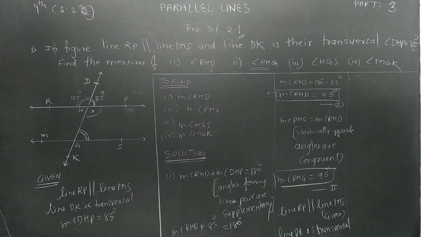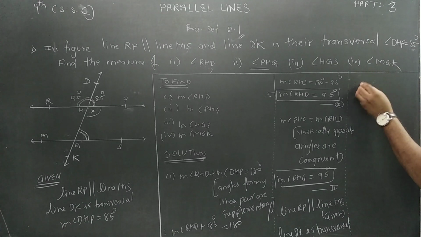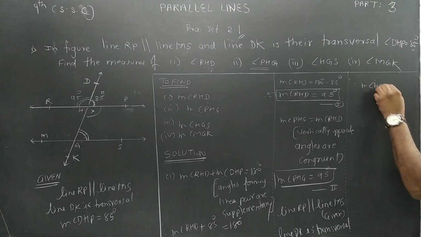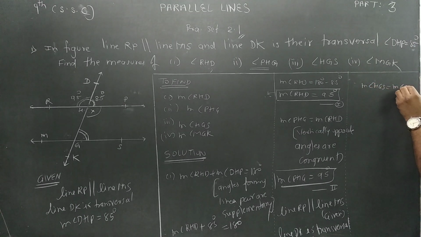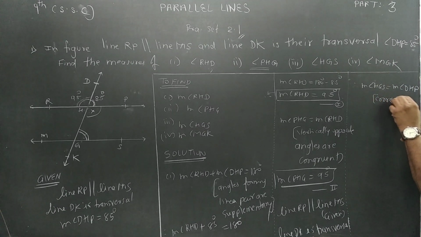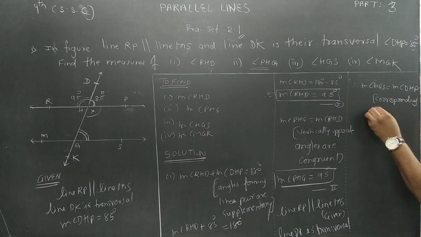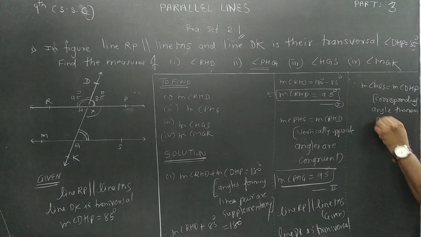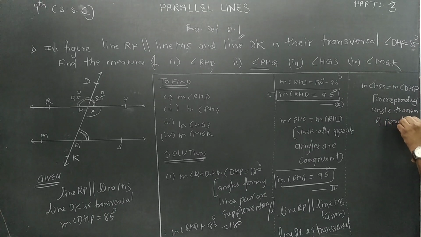So we got, this is a transversal, so measure of angle HGS is equal to measure of angle DHP. Here you have to write the reason: corresponding angle theorem of parallel lines. Please pay more attention to this.